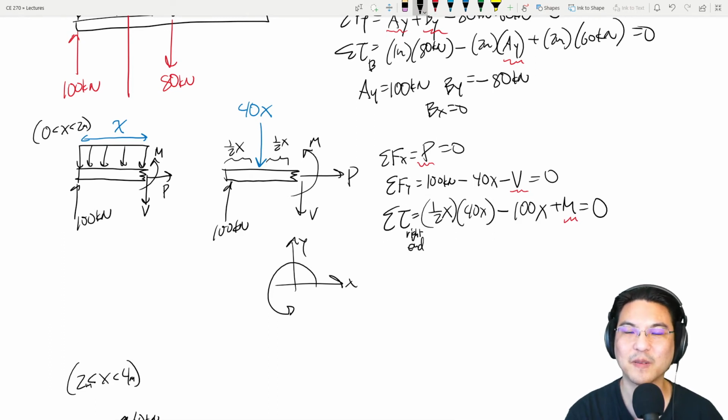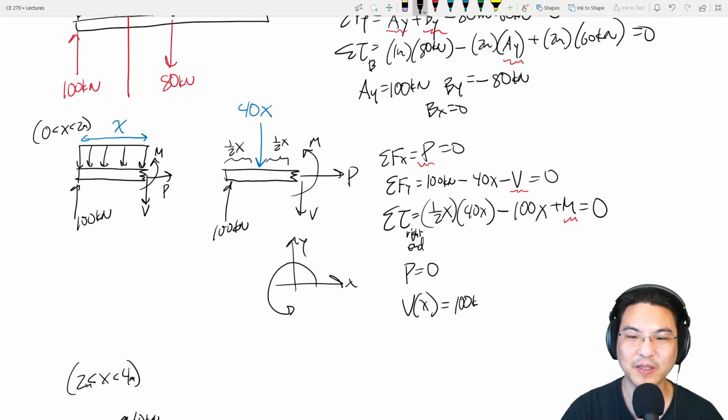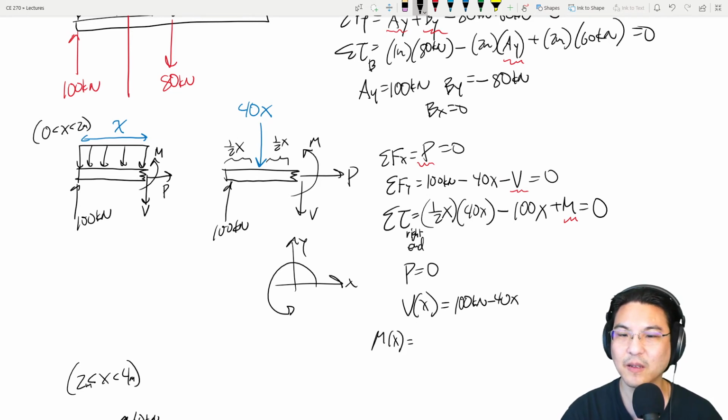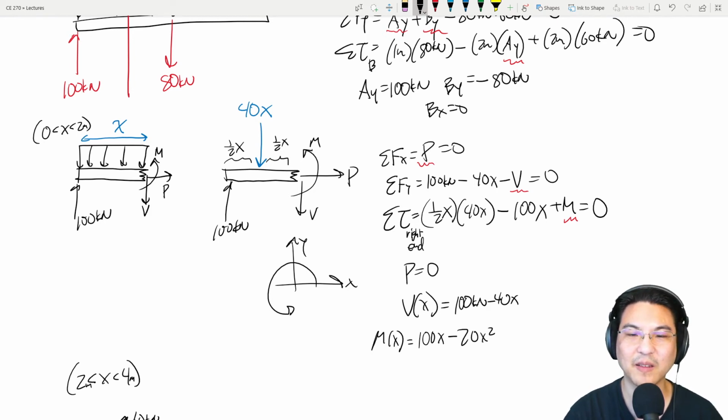So let's solve. So P is 0, so the axial force is 0. The shear force as a function is 100 minus 40x. Then the bending moment, this equation right here, as a function is 100x minus 20x squared.